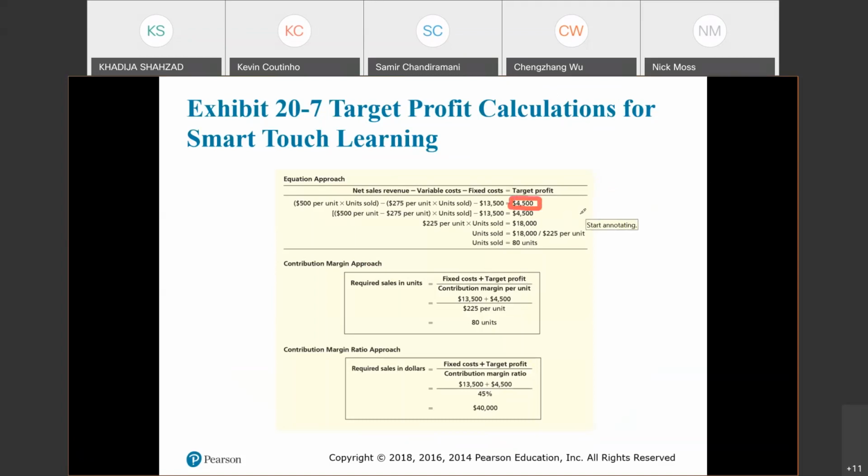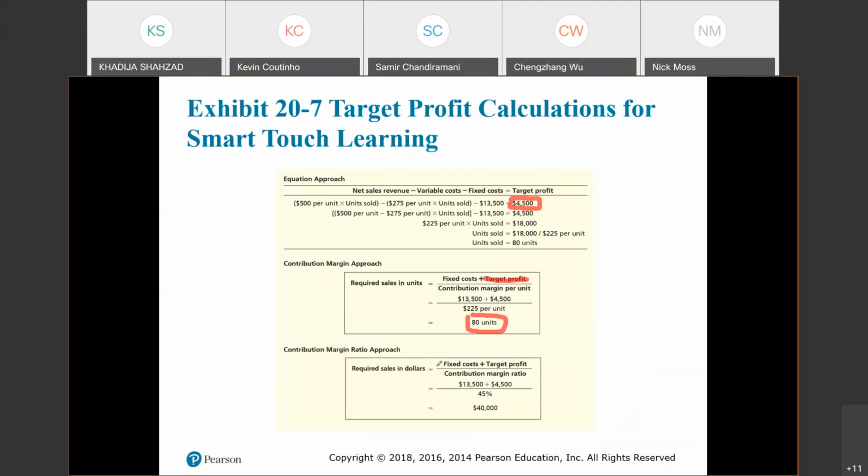Using the contribution margin approach, we can replace target profit here from $0 to $4,500. And using this way, we can also get the same result, 80 units.